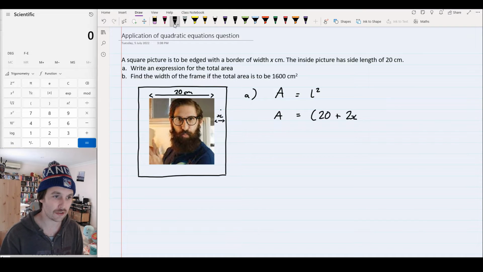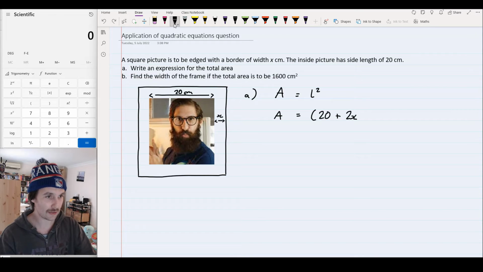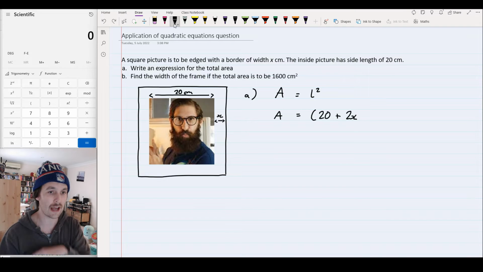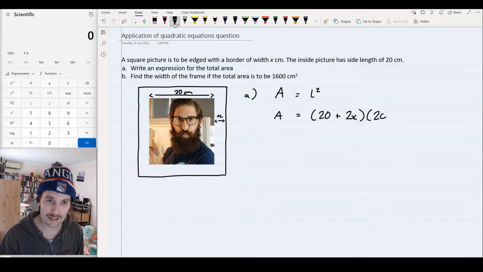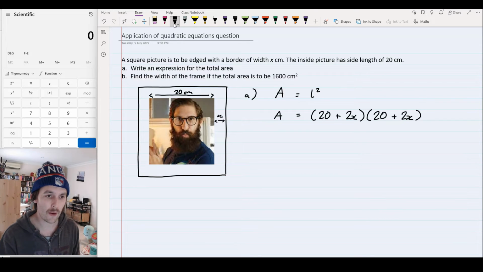Because I've got x on the right-hand side, I'll have the same value on the left-hand side. So adding both of those together is going to give me the entire distance across. That's my expression for the length or the width. I need to multiply that by itself, because that's how we find the area of a square.